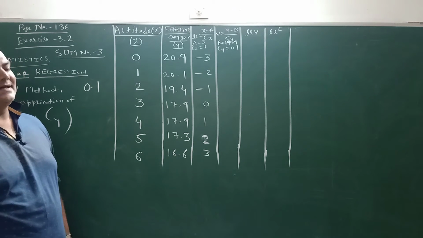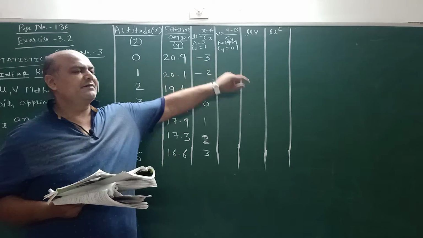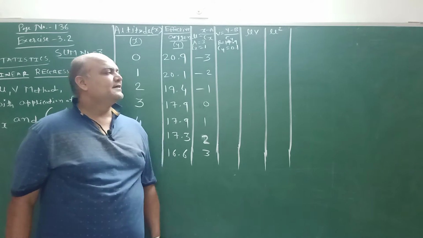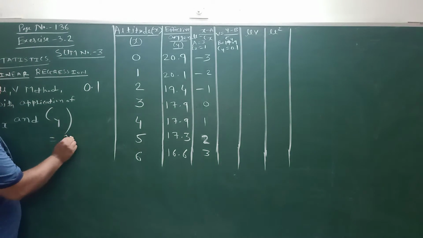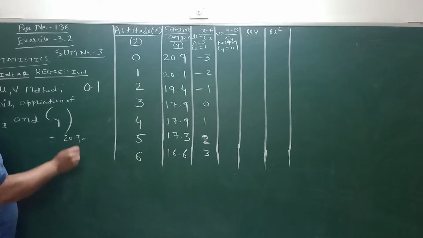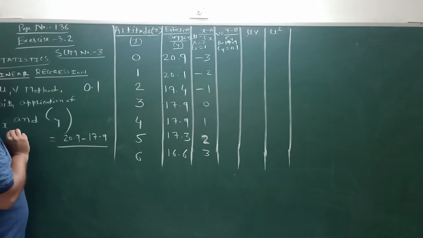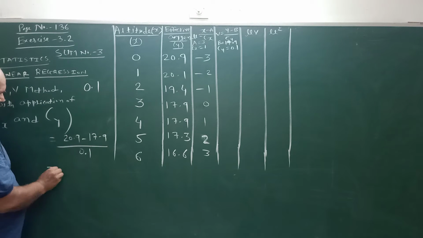Now for y. 20.9 minus 17.9, students, is 3. We suppose 17.9 upon 0.1.